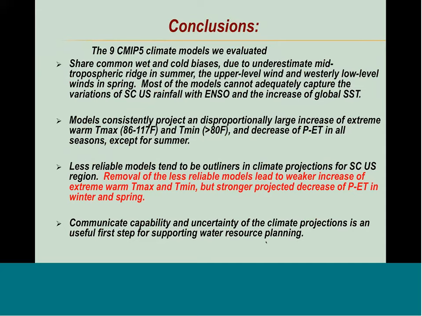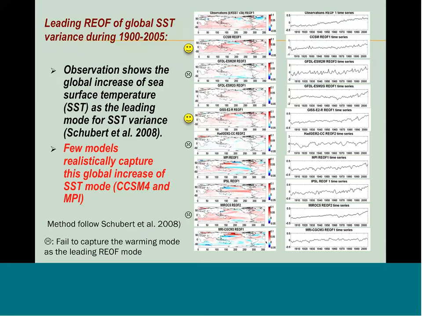Actually, last slide I can show you here. The CCSM4 tends to give a more realistic global warming SST mode. The spatial pattern of the CCSM4 for the global warming pattern is among the most realistic ones.